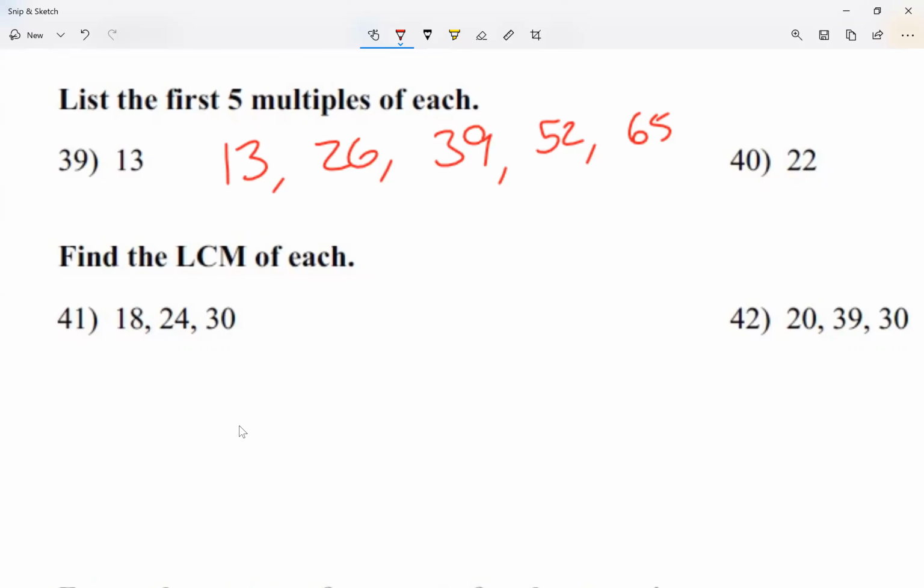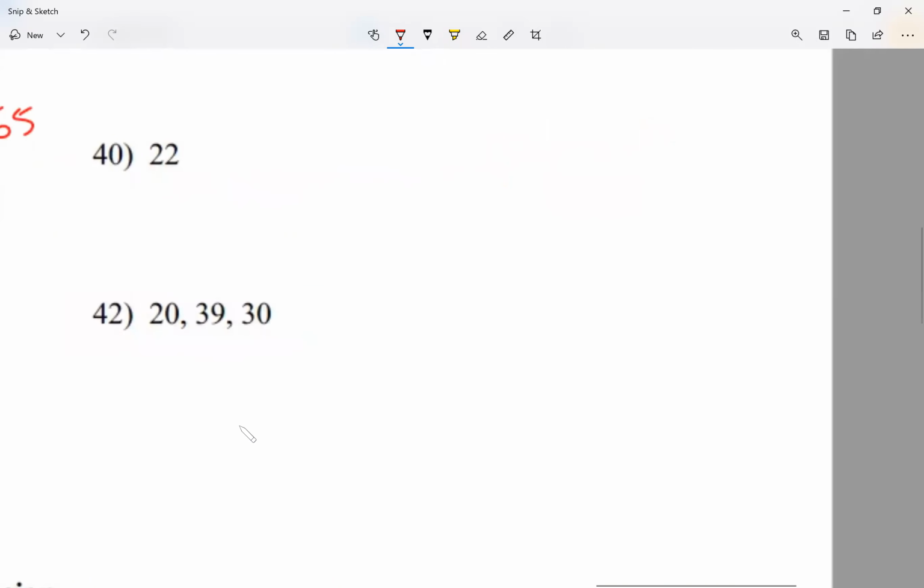I could go as far as I need to go, but I'm going to stop at 5. Let me take a look at my first 5 multiples of 22. So start at 22, and for each additional number, add 22 more. So I'm going to have 44, 66, 88, and then 110.